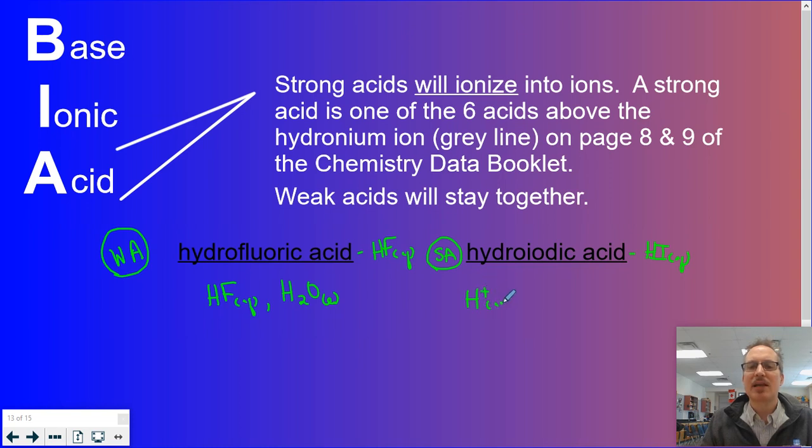So it's going to break into hydrogen ions, iodide ions, and of course, we have water. So the difference here is in the "dia" part, there is a possibility of something breaking into ions. For acids, strong acids ionize, they break into ions.